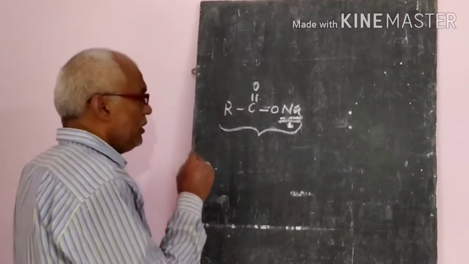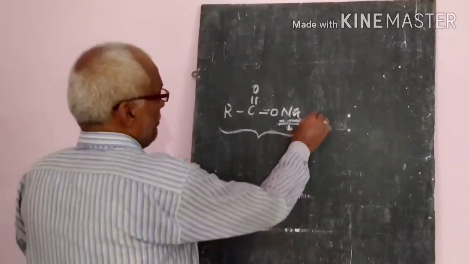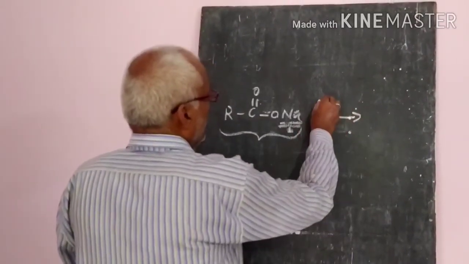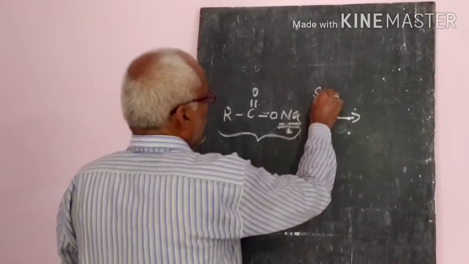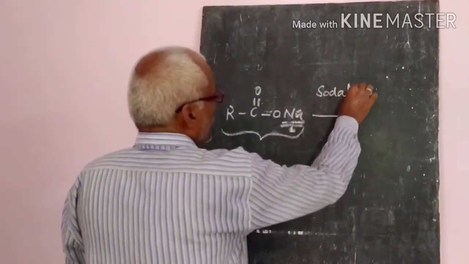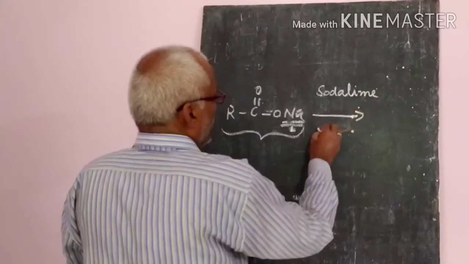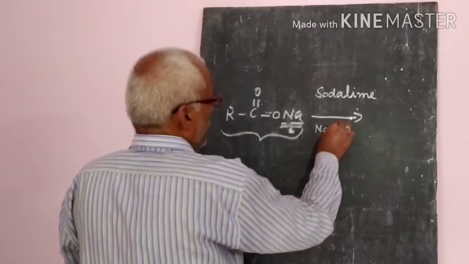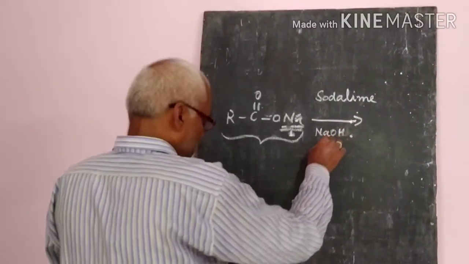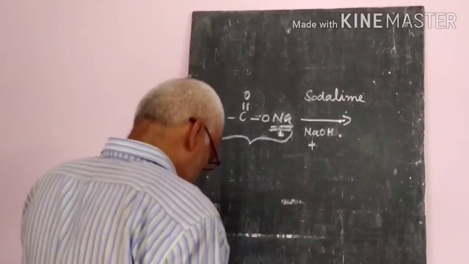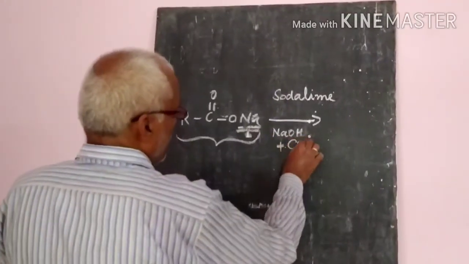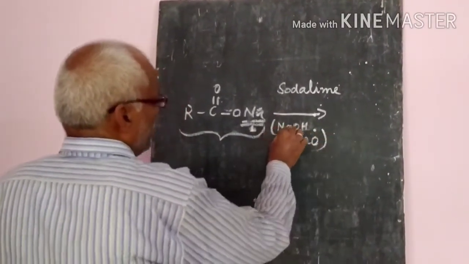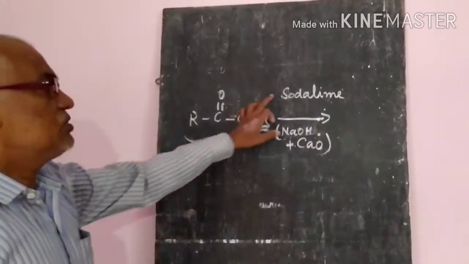What will they give? They will release carbon dioxide in the presence of a mixture. That mixture we will call soda lime, which is a mixture of sodium hydroxide and calcium oxide.